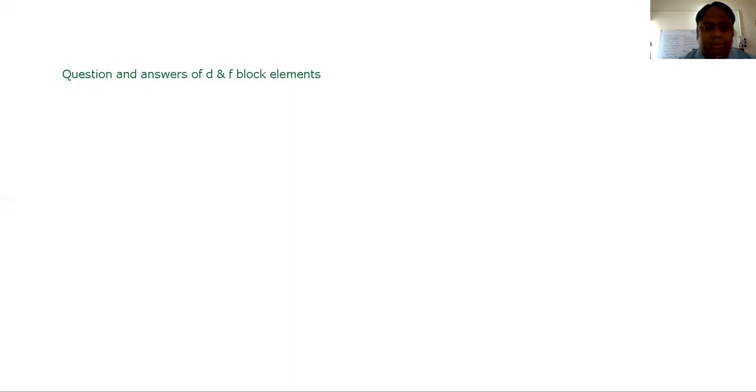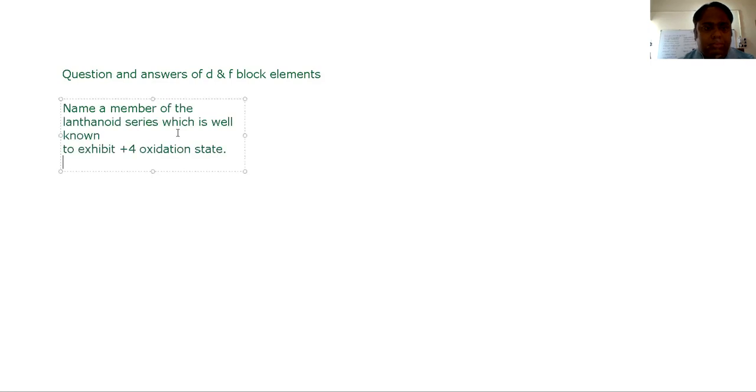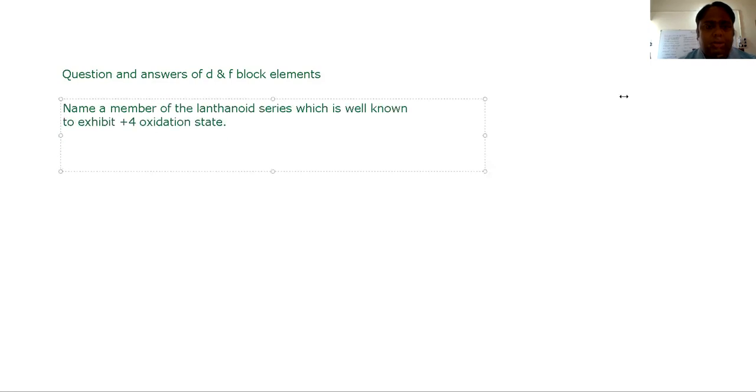So we'll pick up the question from the NCERT book. This is question number 8.10 from your in-text. I will copy the question here. The question is, name a member of lanthanide series which is known for exhibiting +4 oxidation state. So it is cerium.